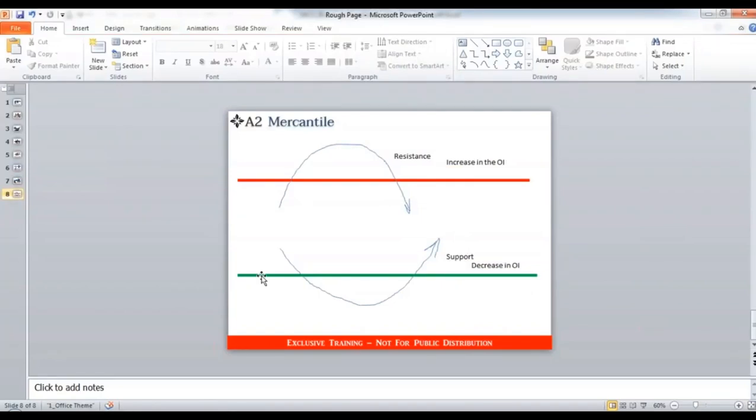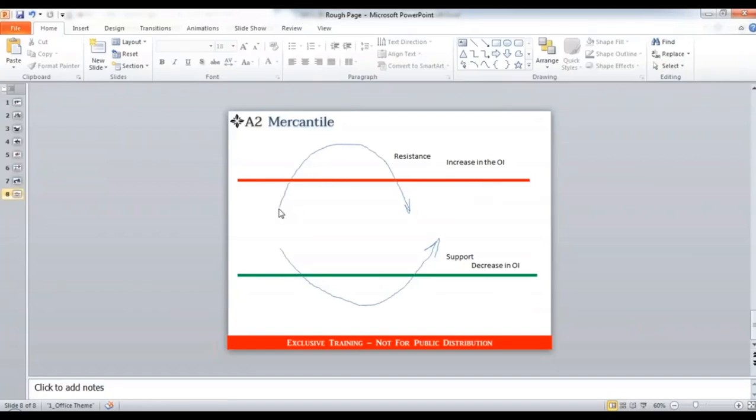Here, the straight lines are yesterday's high and low. So on any given day, if the price goes below this and comes back with a decrease in open interest, you can consider this to be a stronger support.